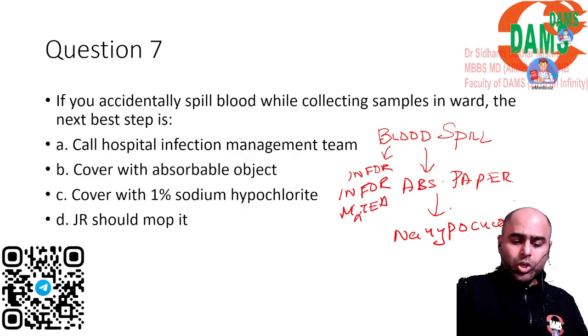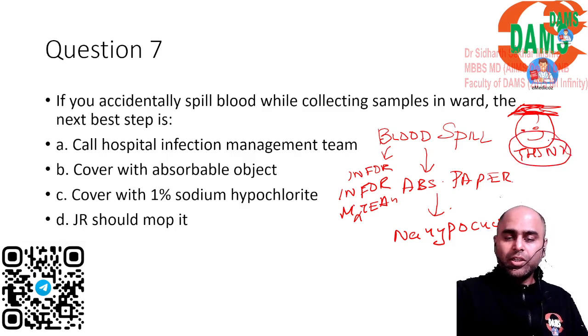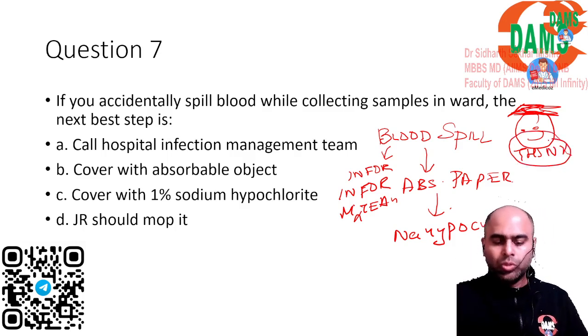But as a doctor, you have to also think what to do. So, do you think my answer should have been that the doctor should think what to do? No. Informing the infection management team? No.